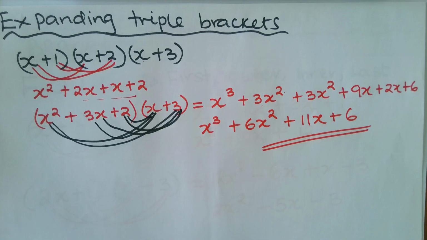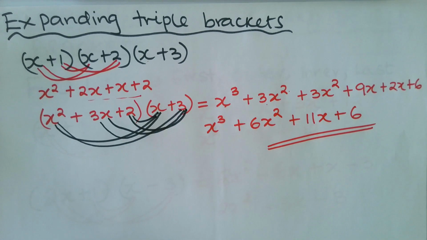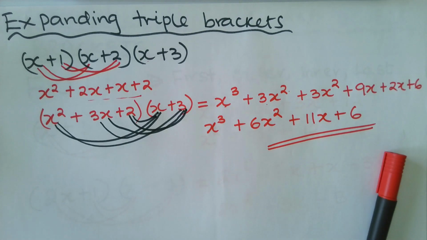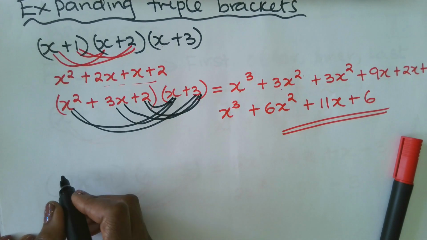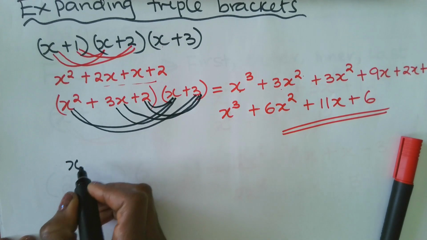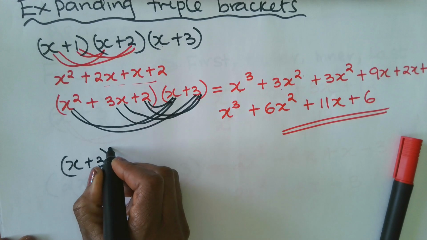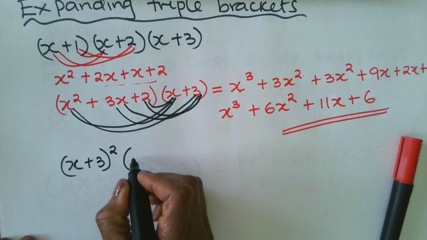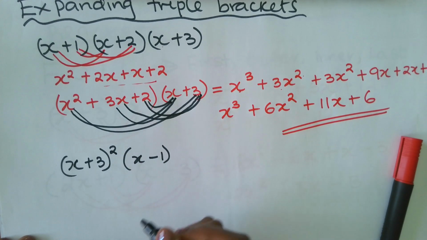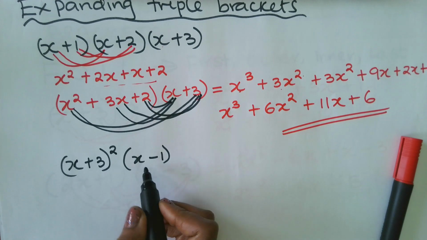We're going to do one more example before we move to factorization. So we've got x plus 3 all squared, times x minus 1. Again, we have to be careful with negatives. We do the same.